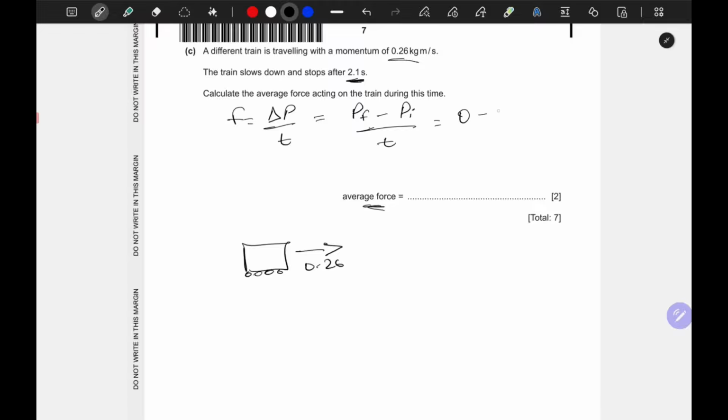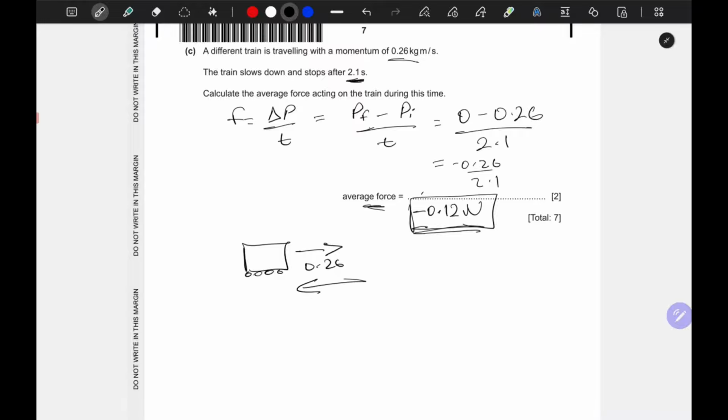So it's going to be 0 minus the initial momentum of 0.26, and we got a time of 2.1 seconds. So it's going to be minus 0.26 over 2.1. And then we get minus 0.12 newtons of force. And now we have to include the minus because the direction of the force is in the opposite direction. That's why it's slowing down. That's why it stops.